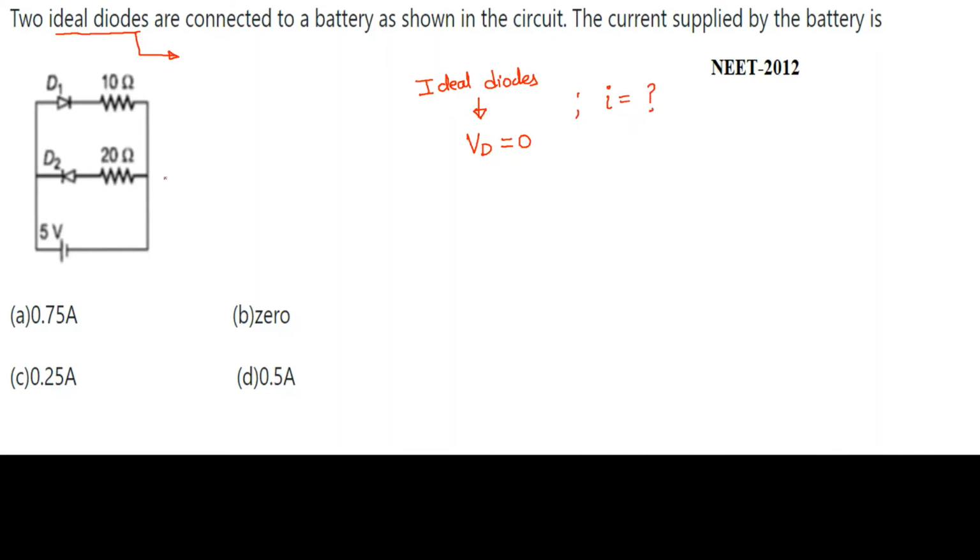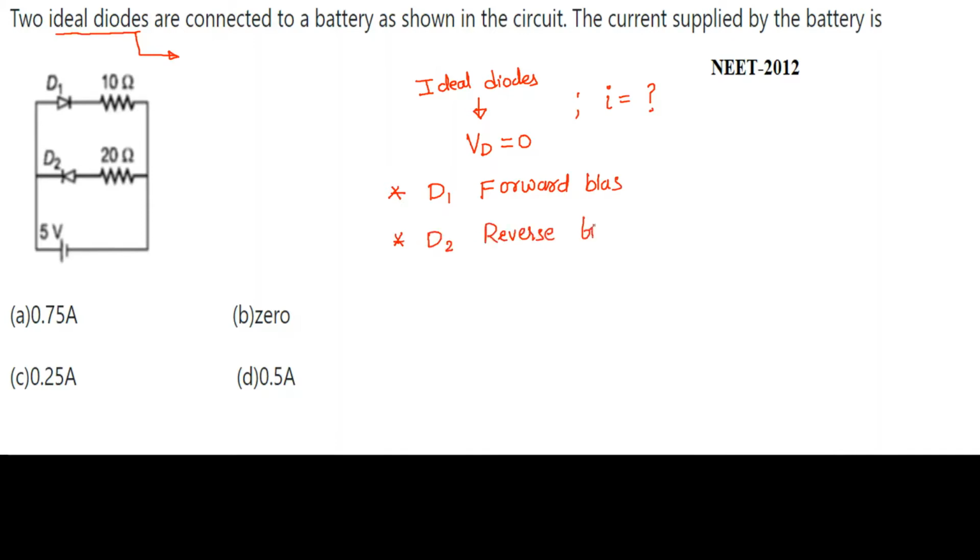Now let us see the diagram first. See here, from the diagram we can observe that D1 is forward bias, whereas D2 is reverse bias.